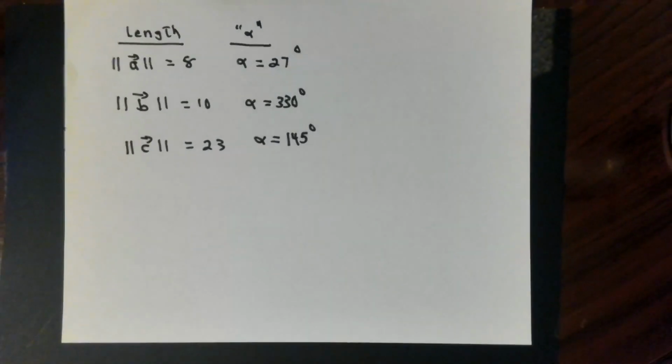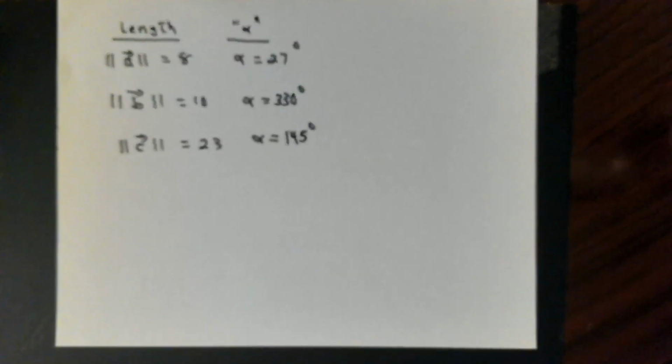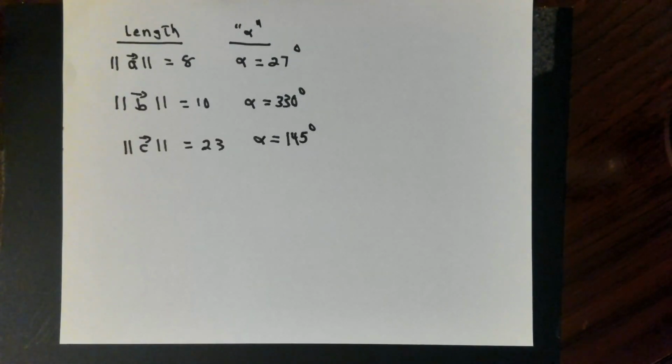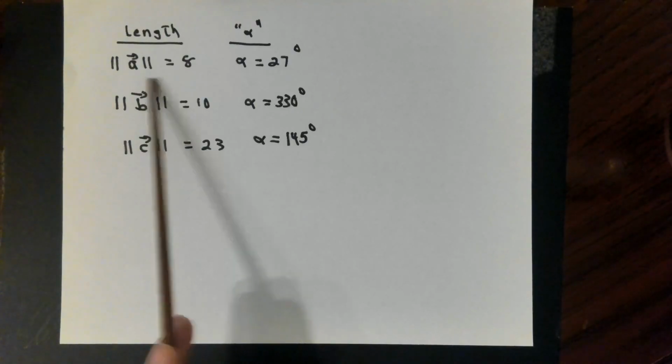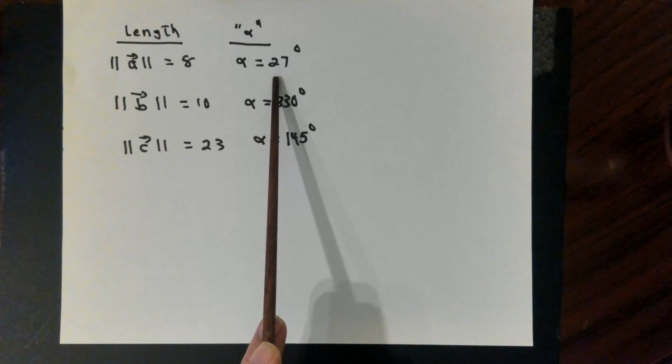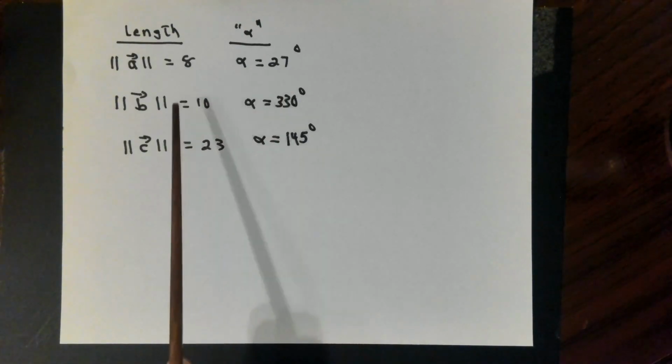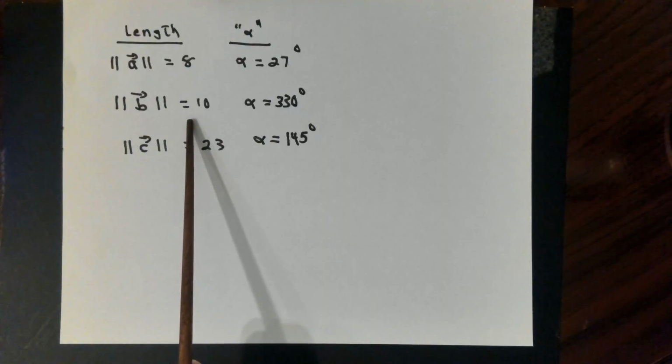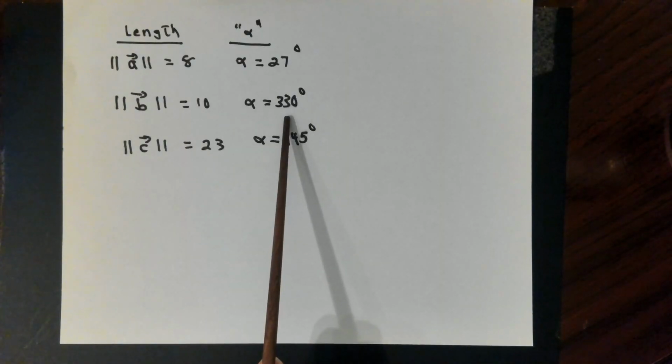We can now easily apply all of these ideas in order to solve the following type of problems. Suppose that I have three vectors, a, b, and c. The length of a is 8, and a makes an angle of 27 degrees with respect to the positive x-axis. The length of b is 10, and it makes an angle of 330 degrees with respect to the positive x-axis.